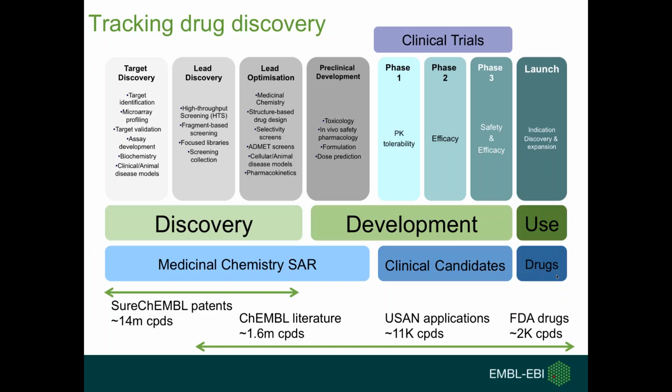In addition to ChEMBL, which I'm going to talk about today, we also have a more recent resource called SureChEMBL, which is a patent database, and that includes information about compounds even earlier, before they usually get published in medicinal chemistry literature. So we really want to follow the whole drug discovery process through.